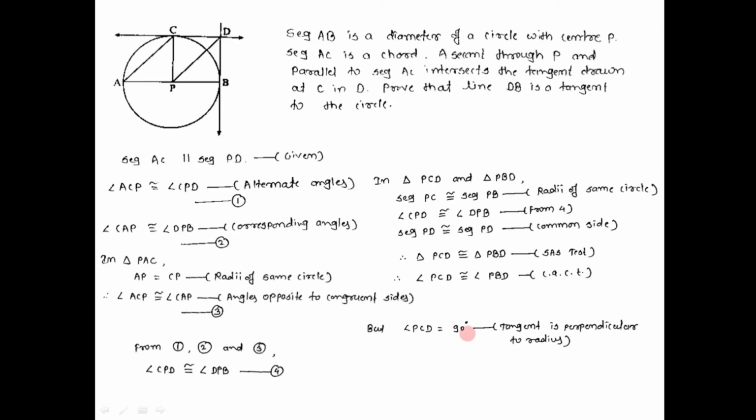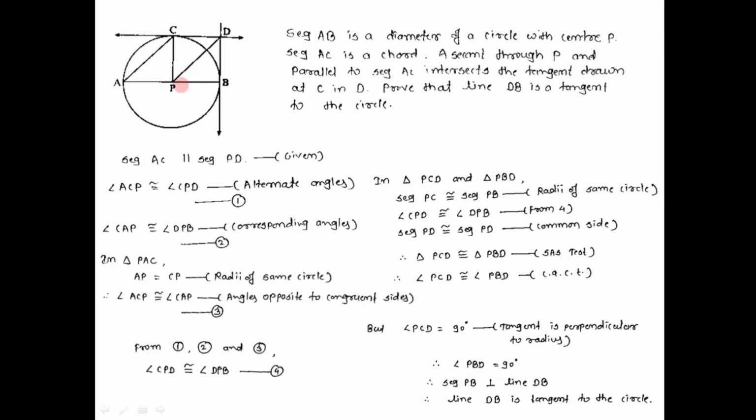And here, angle PCD is equal to 90 degrees because it is given that line CD is a tangent and PC is the radius, and a tangent is perpendicular to the radius. That's why angle PCD is equal to 90 degrees. So if angle PCD is 90 degrees, then angle PBD is also 90 degrees because these two angles are congruent.